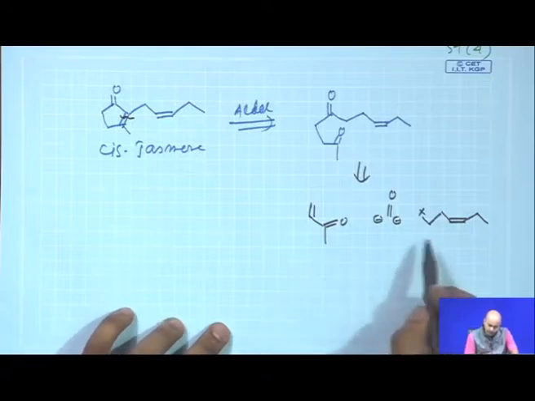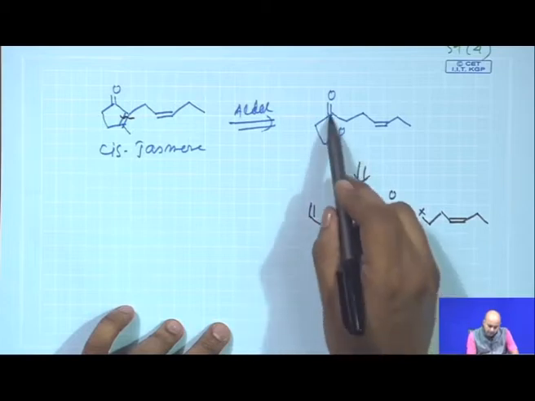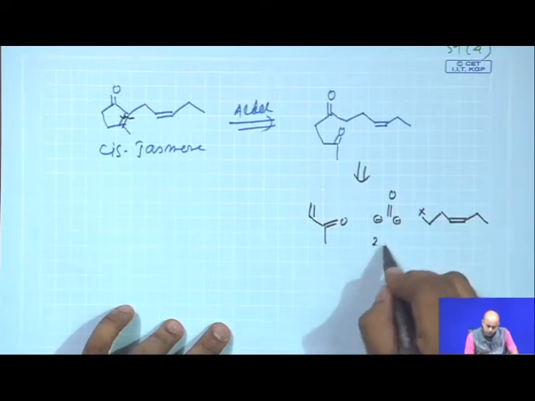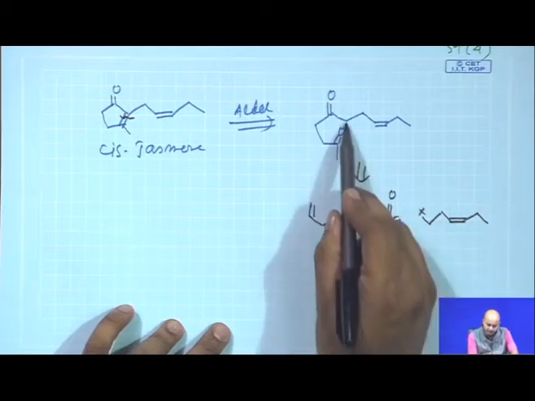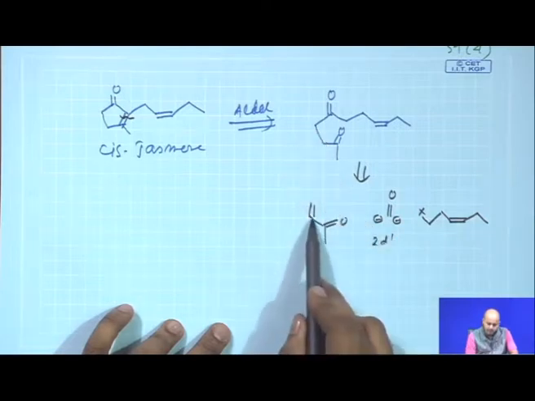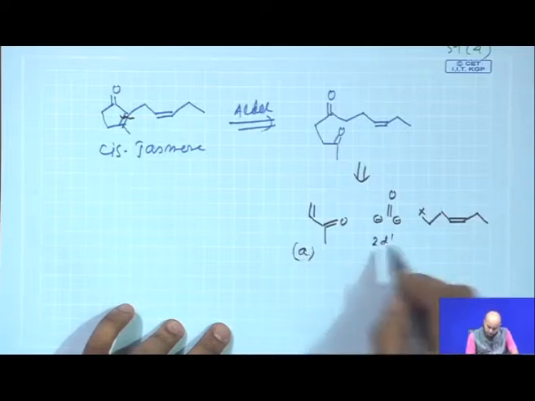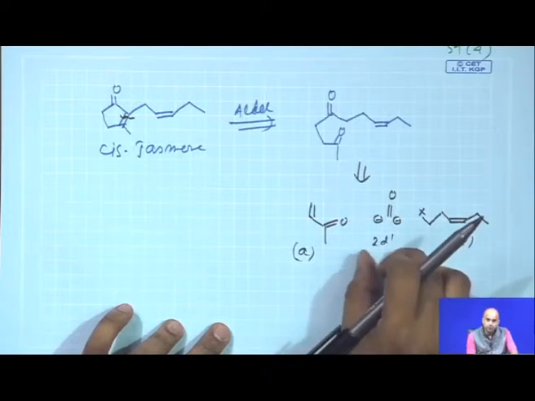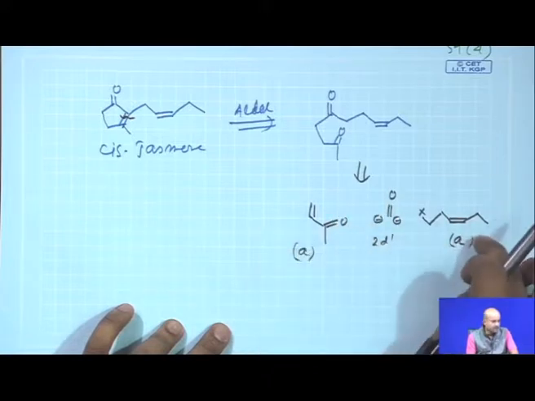Now, if you visualize that this particular central carbon acts as a d1 ambipolar synthon, so it is basically 2d1 ambipolar, and then you react with an alkyl halide at this end, you get this one, and here you do a Michael type of reaction with methyl vinyl ketone. So, this is your acceptor synthon, this is your donor, this is also an acceptor synthon. So, one synthon having two donor sites can react with one acceptor on the left hand and one acceptor on the right hand.